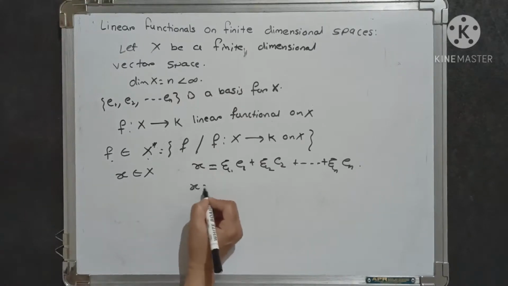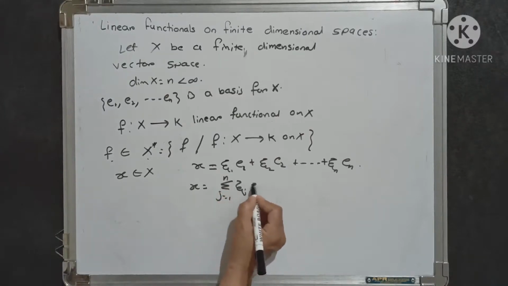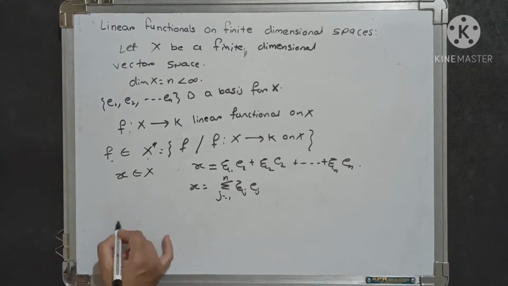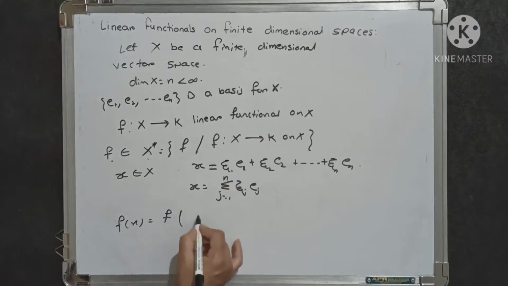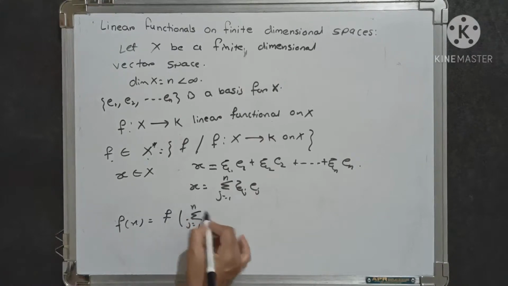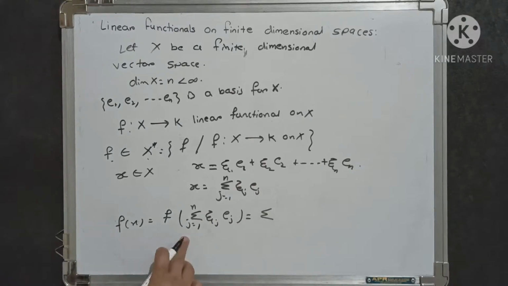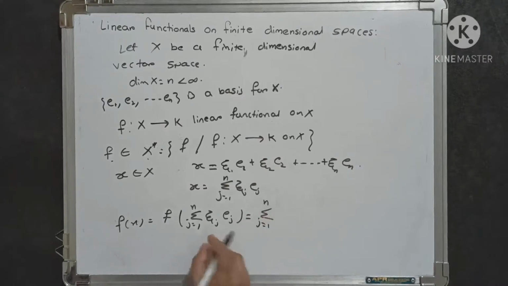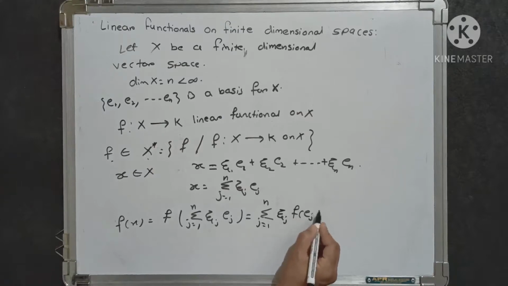That is, x equals the summation over j from 1 to n of xi j e j. And as f is a linear functional on capital X, applying f to this x we have f of x equals f of the summation j from 1 to n of xi j e j, and because f is linear, it equals the summation j from 1 to n of xi j, which is a scalar, times f of e j.